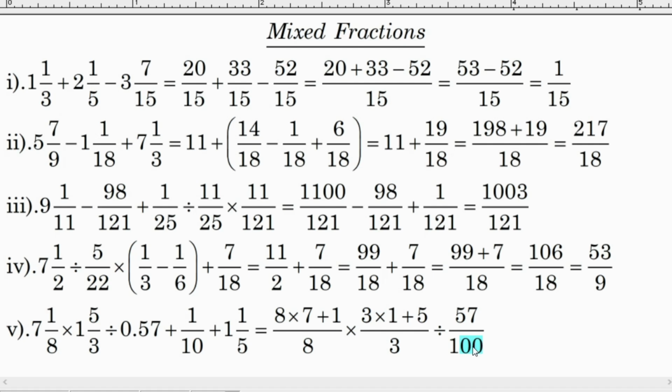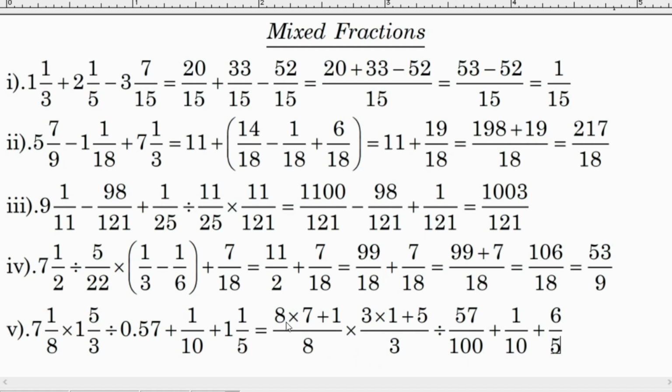If we have 4, then we have to divide with 1 and 0 4 times. And then plus. So we have to turn this mixed fraction to a normal fraction again. So 5 times 1, 5 plus 1, 6 divided by 5.